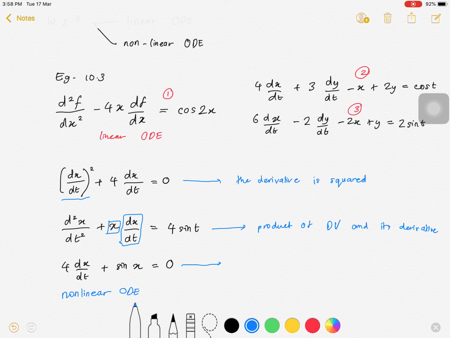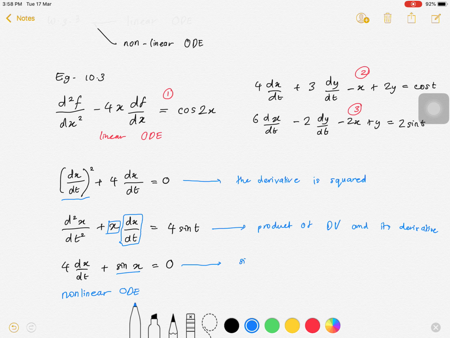And the last one is because of this component, the non-linear function sine x of the dependent variable.